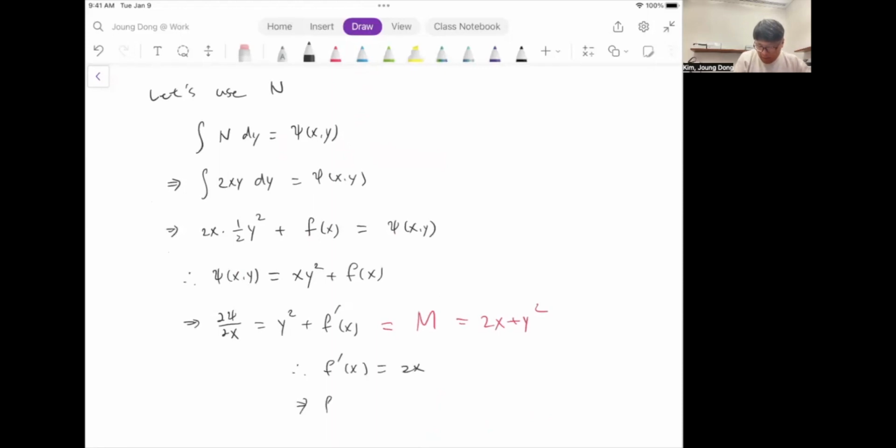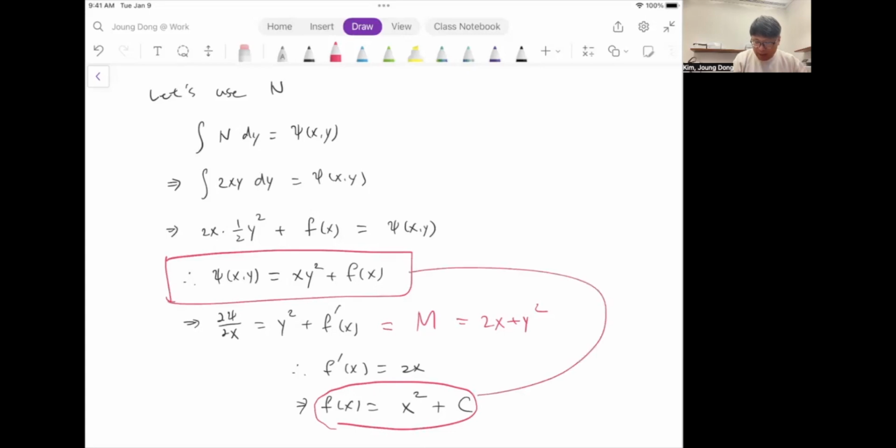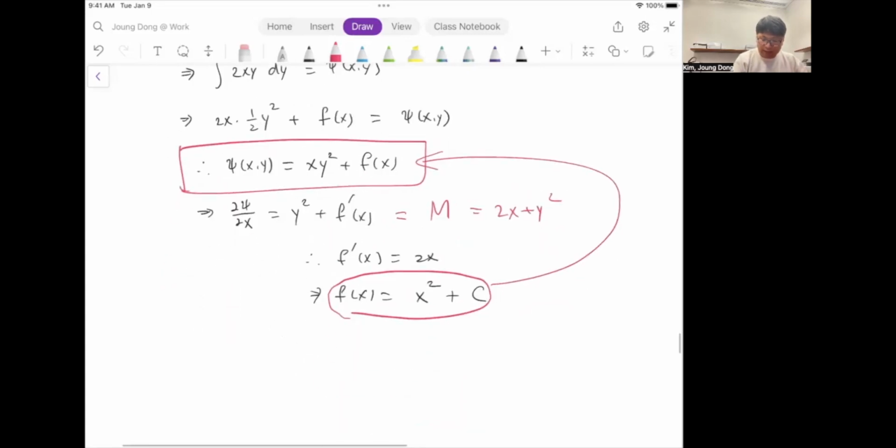Then take the anti-derivative. And now there's a constant, a real constant, right? Once you find f, keep that in mind, finding psi was the solution. We're going to place it back here and update.